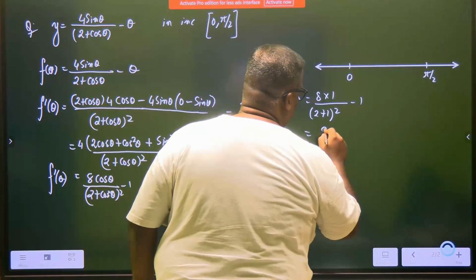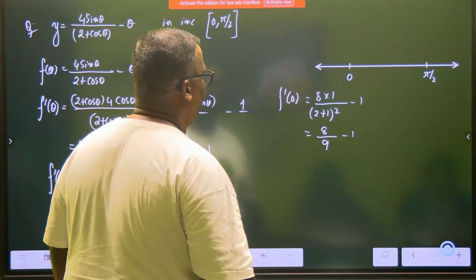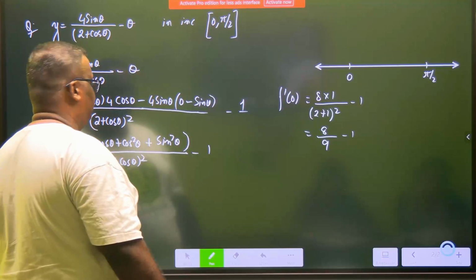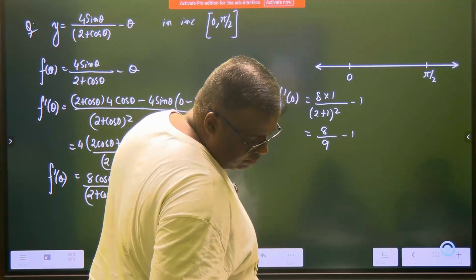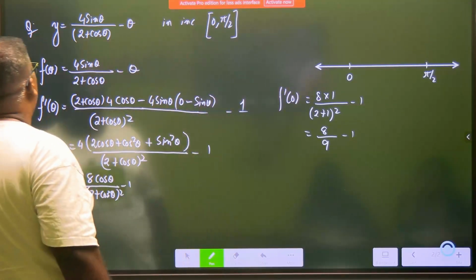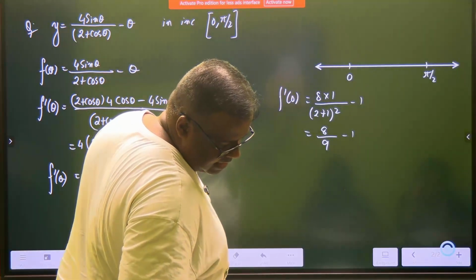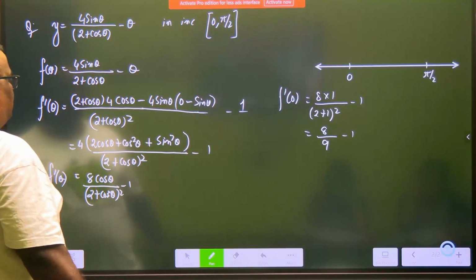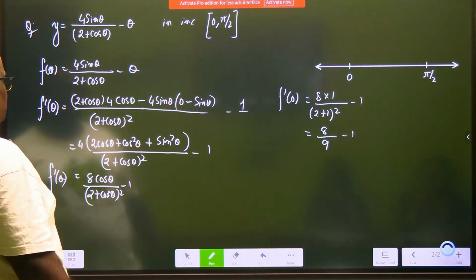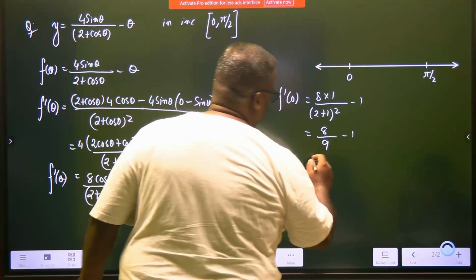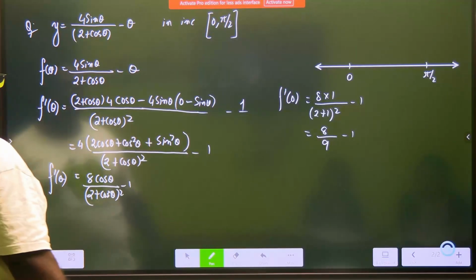So this becomes 8 minus 9, which is negative. But it should be an increasing function in theta. Something we have done wrong.